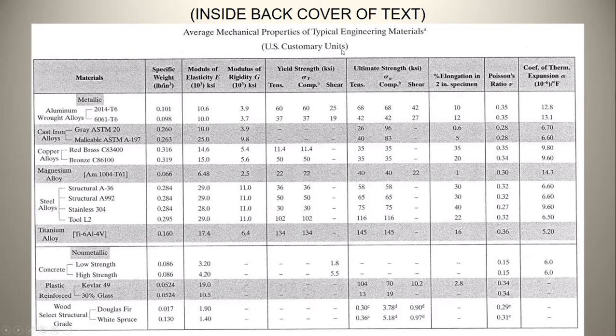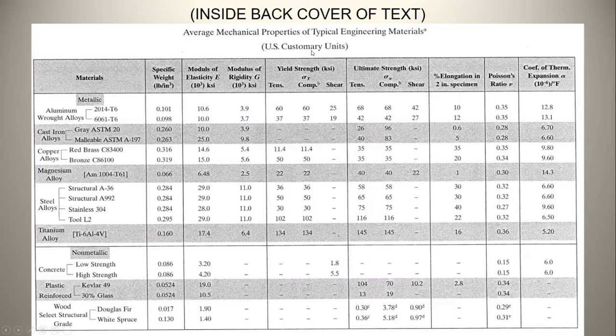First of all, see which type of units you are dealing with in your question. Don't make the mistake of reading the wrong table. If you're dealing in SI, go to the SI chart. This one is not the SI chart, this one is the US customary or English units chart.